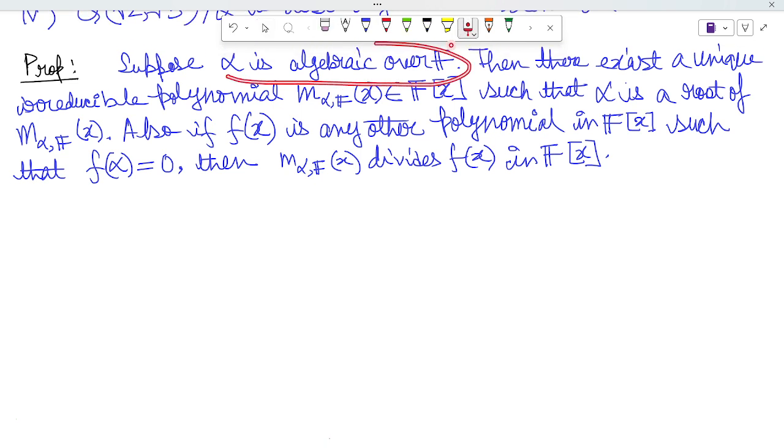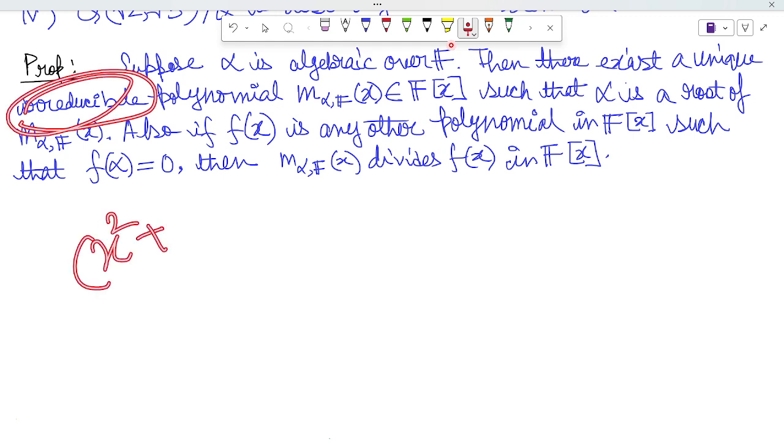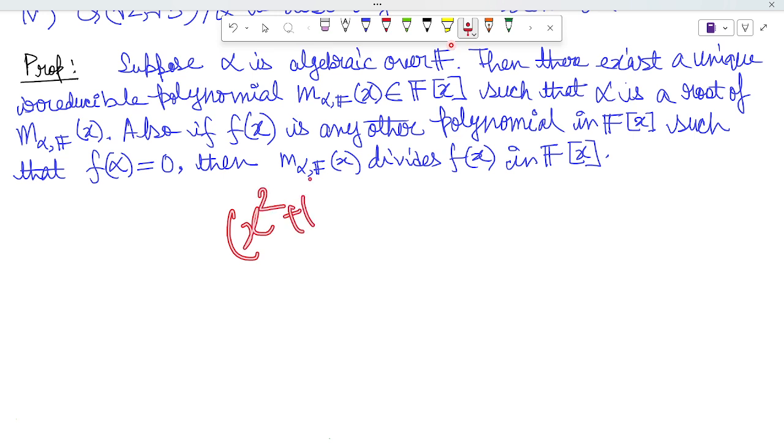Let alpha be algebraic over F. Then there exists a unique minimal polynomial, and it is irreducible. You cannot decompose x square plus 1 in R. You can decompose it over C, but in C, x square plus 1 is not the minimal polynomial of i. It is denoted m alpha over F, such that alpha is a root of m(x).